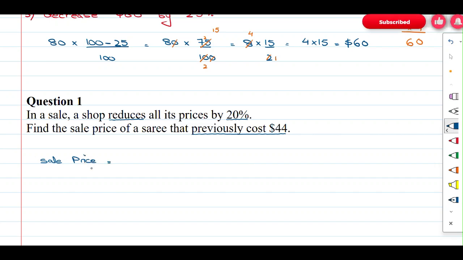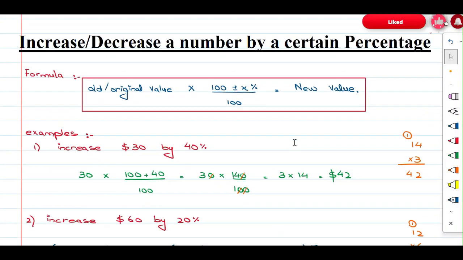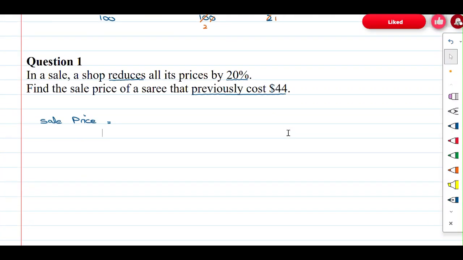So the new price, or the sale price, is going to be, use the same formula, right? The new value, or the sale price, equals the old or original value. The old price of the sari was $44, multiply 100. It's a reduction, which means decrease, 20% divided by 100. This is how you will get the sale price of that sari.